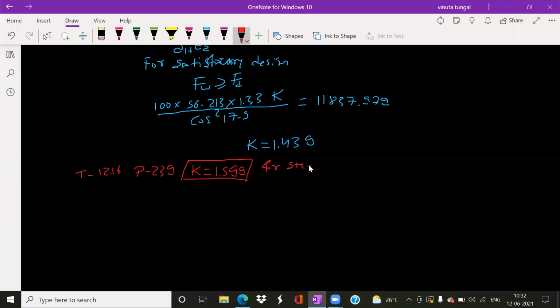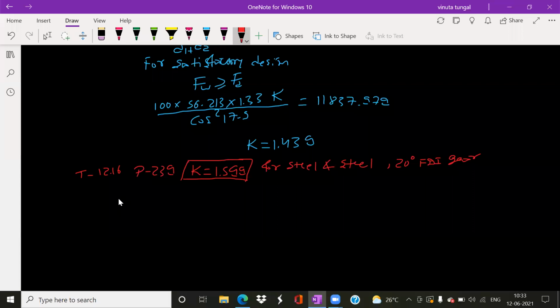You have to see that the pinion is made of steel and the gear is also made of steel, with a 20-degree full depth involute gear.